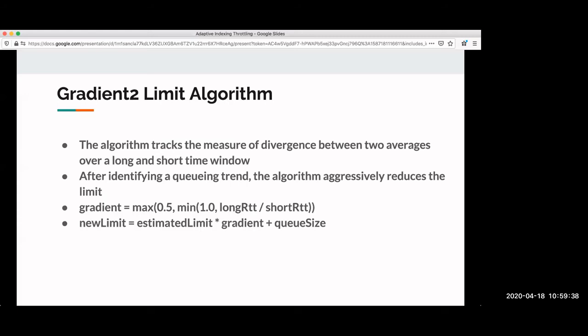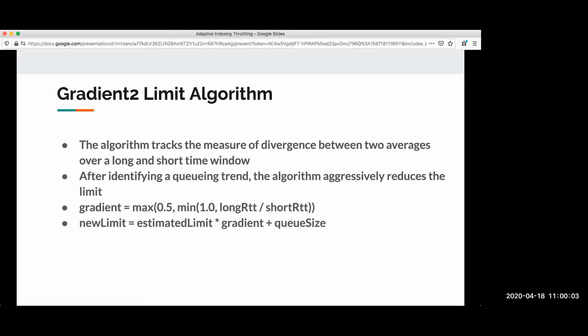Suppose the system is moving from a steady state to a load state. In that case, the small window will diverge from the long window, because the long window will increase very slowly. Suppose its value is 500, it will go to 510, 520, whereas the small window will go from 500 to 600, say 700, 800.